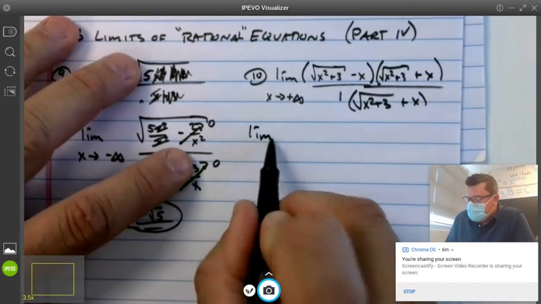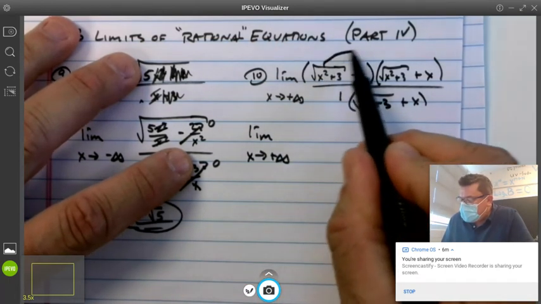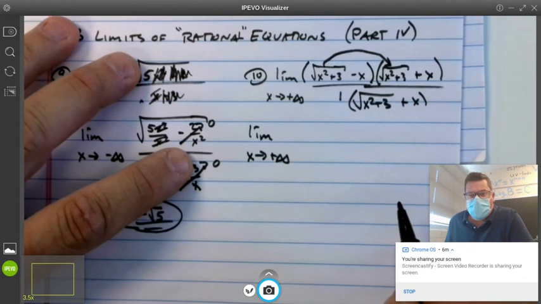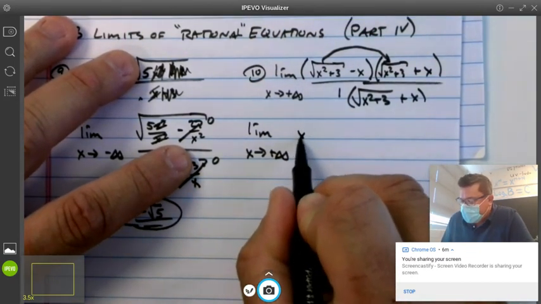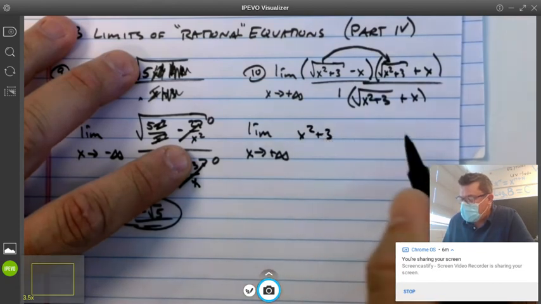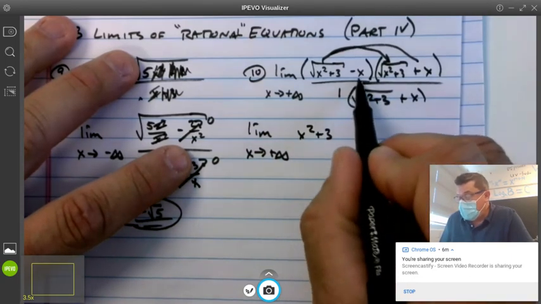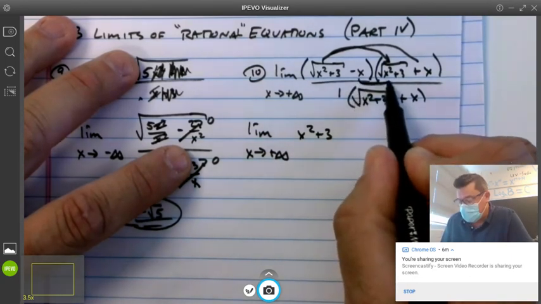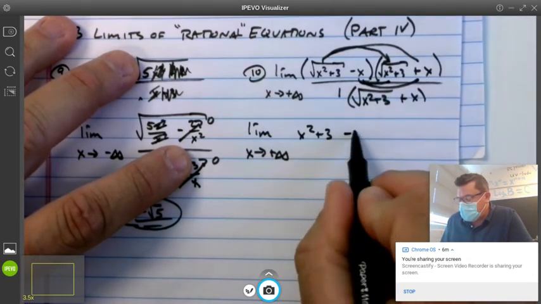This limit just goes along for the ride. That times itself, the radicals have a way of disappearing, and you're left with x squared plus 3. That times that, plus x times the square root of x squared plus 3, minus x times the square root of x squared plus 3, minus x squared.